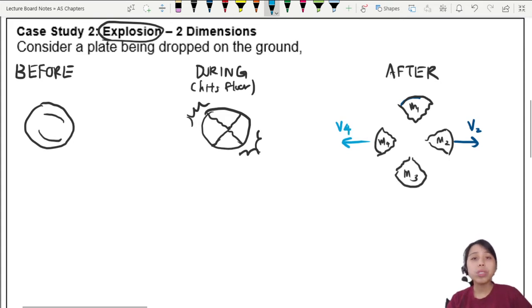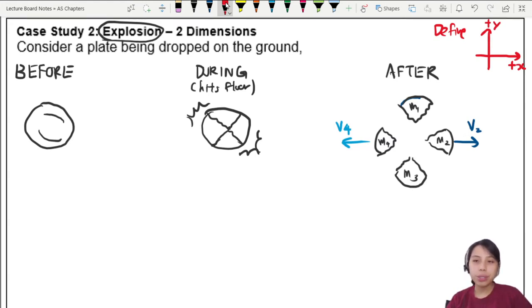But direction, my friends, we forgot to define our directions again. Let's draw in the top right corner. Following our usual convention for axes, anything that moves to the right is positive, anything that moves upwards is positive, and anything that moves down or to the left will be negative. According to this convention, this piece will have positive V2, the other one negative V4.